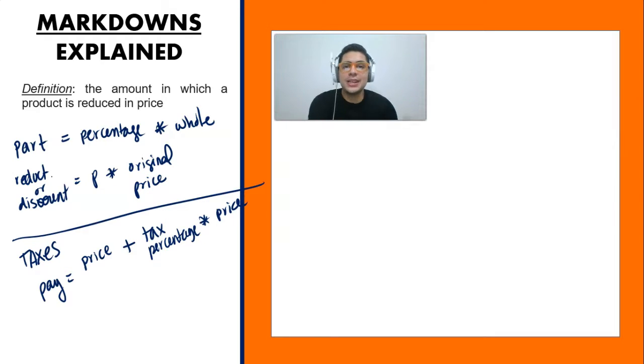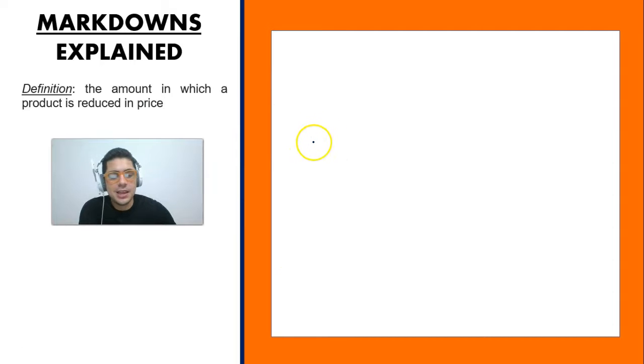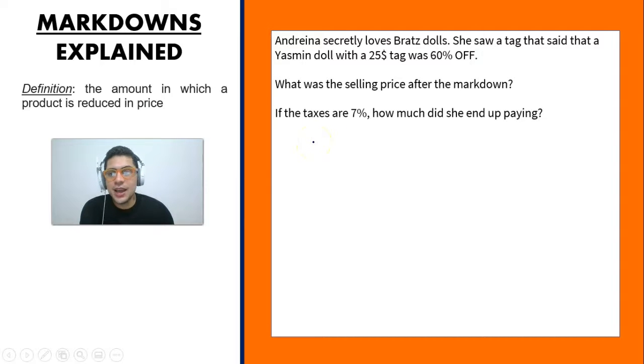Now, let's take a look at a problem to see if you guys understood. We have the following problem, which consists of two questions. Andreina secretly loves Bratz dolls. She saw a tag that says that a Jasmine doll with a $25 tag was 60% off.